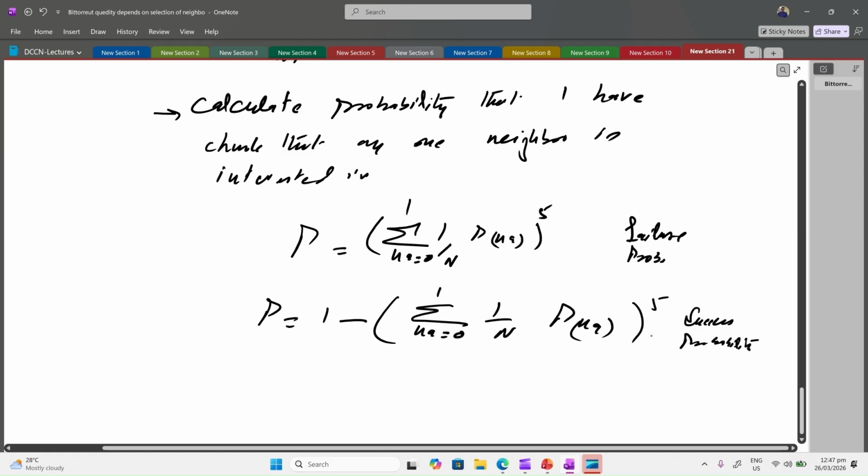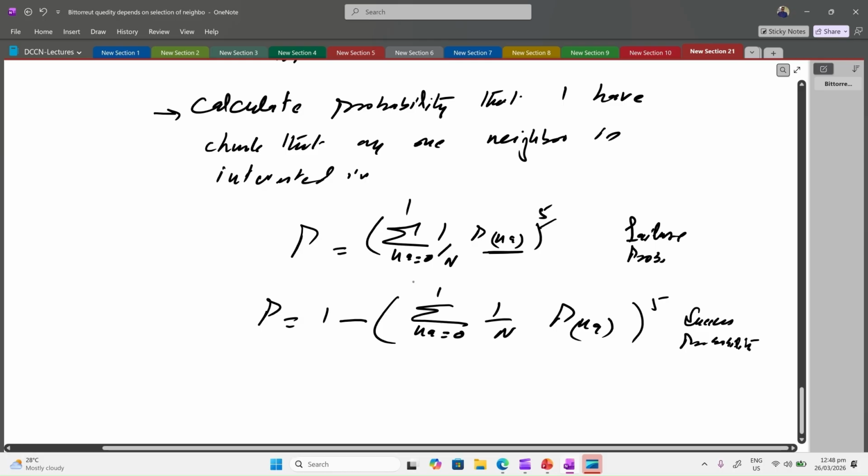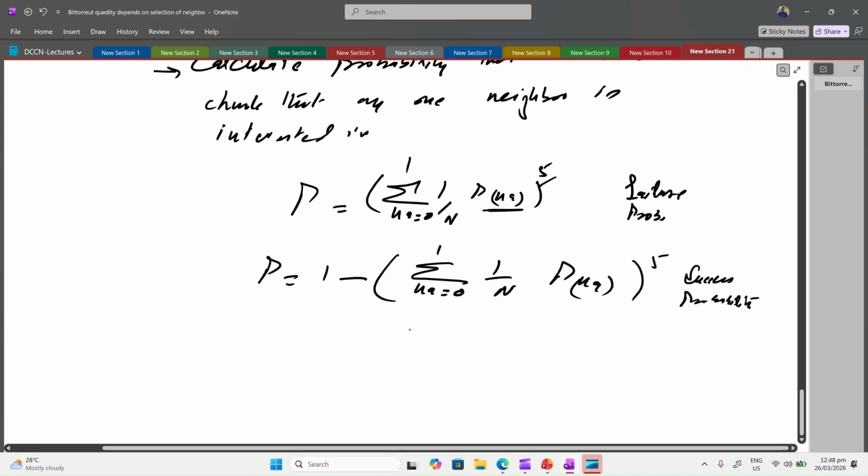You will multiply it with 1 by n, and then raise it to the power of the number of neighbors. You subtract this from the total probability one, and you get the success probability that at least one of our neighbors is interested in our chunks.